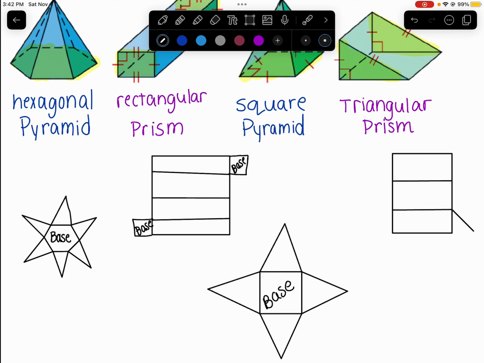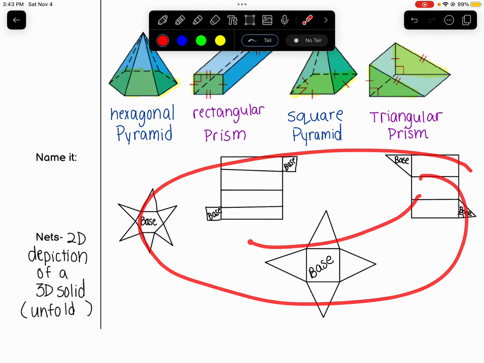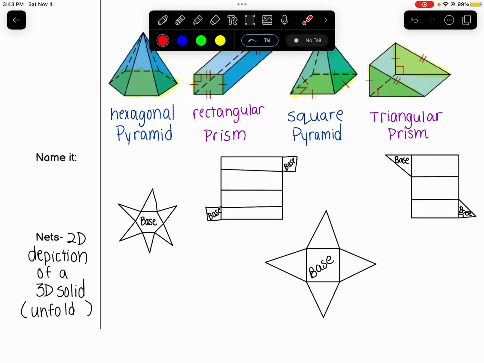And then I'm just going to draw a right triangle off to the side, and then another right triangle, which is going to have to be kind of upside down and mirrored over here. Go ahead and label that a base and a base. And all of these 2D sketches are called nets.